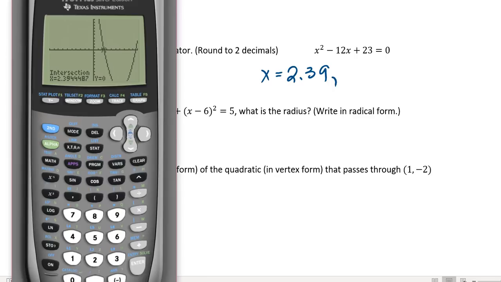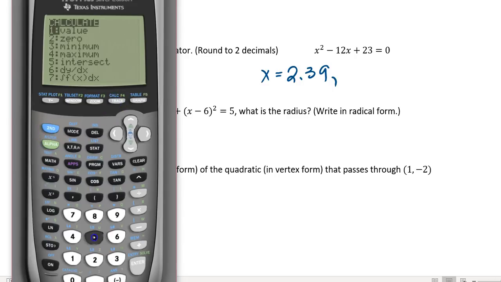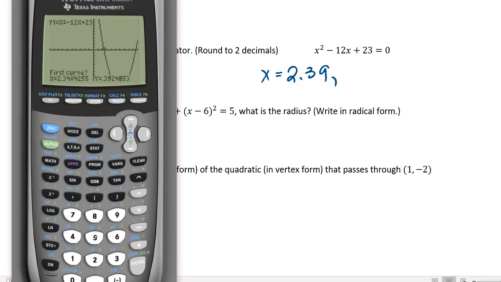Let's find that second 0, that second solution. So I'm going to say again, second trace 5. But before I hit enter, enter, enter, I need to move my cursor closer to that x-intercept. So the way I do it is I use my left or my right arrow, always left or right, because that makes it travel along the function.